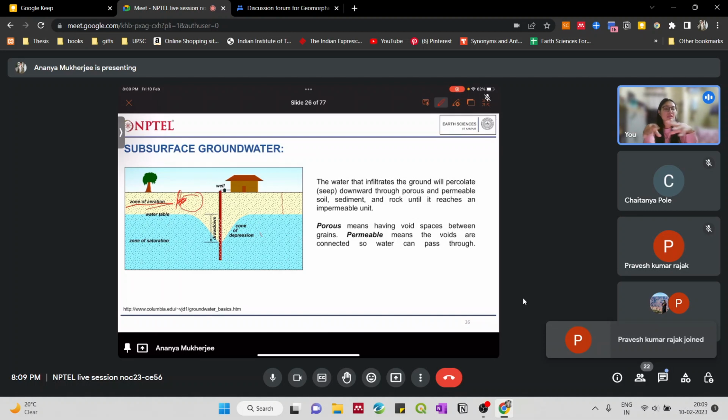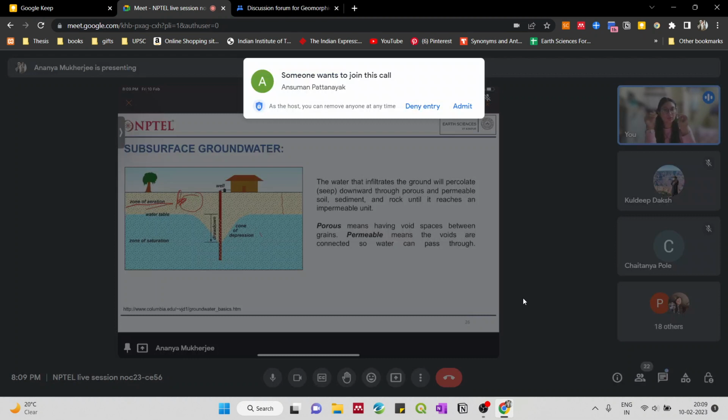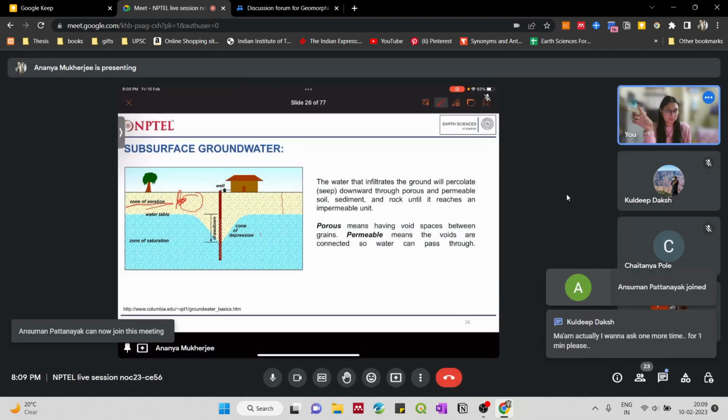You will have some organic material there also. So this is not compacted. It is very porous and very permeable, and because it is closer to the surface it will have air also. The vadose zone is part of this zone of aeration.